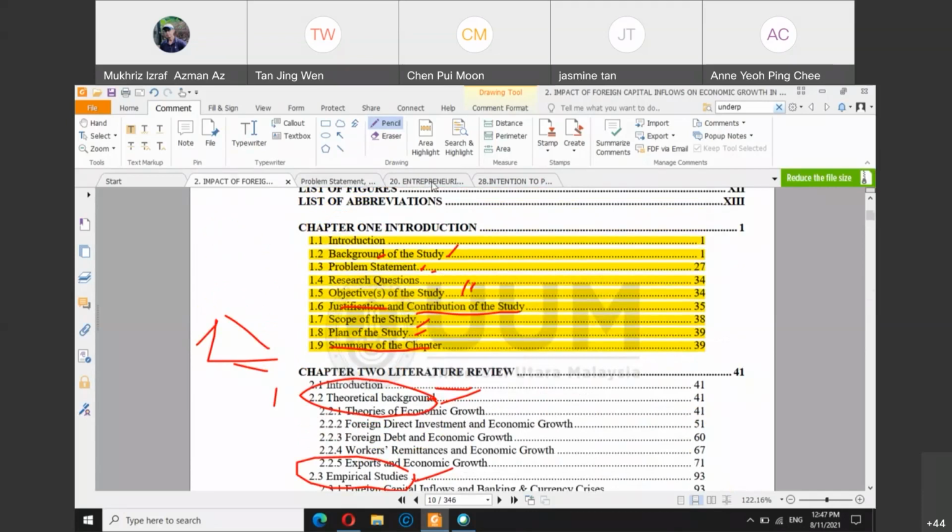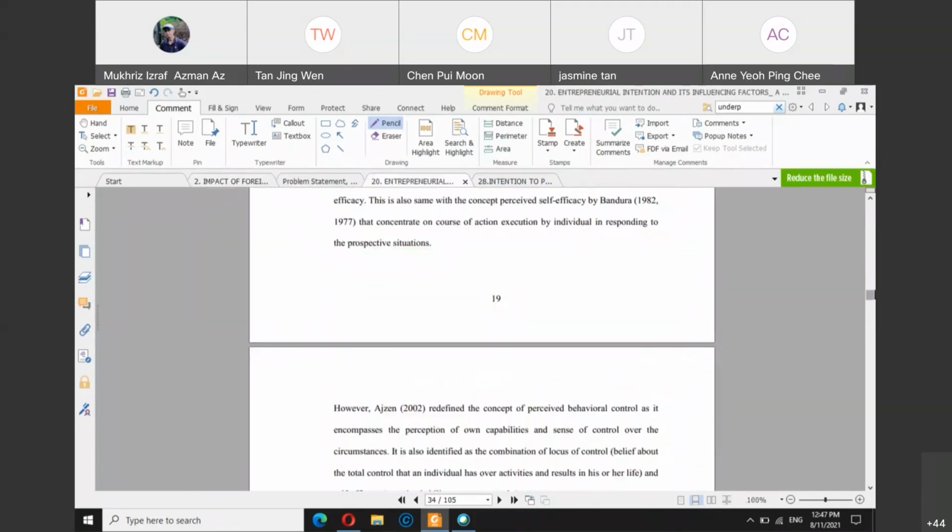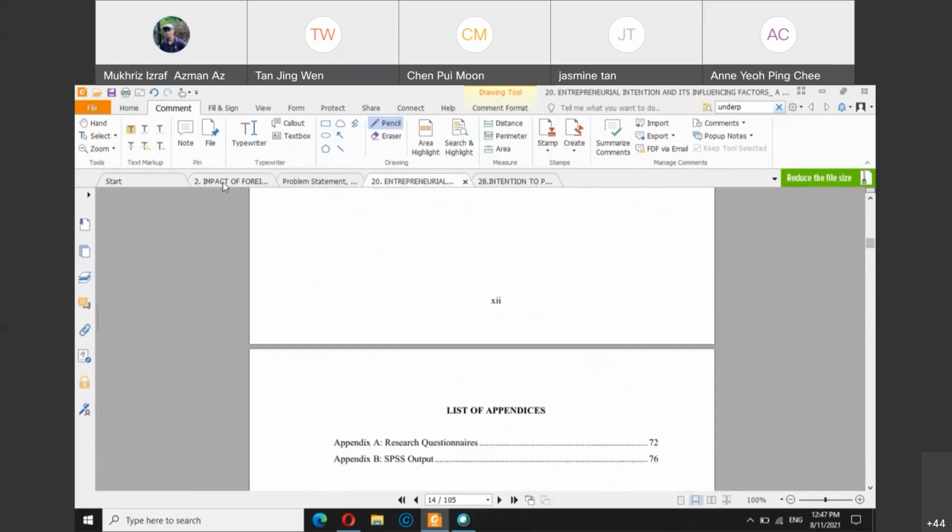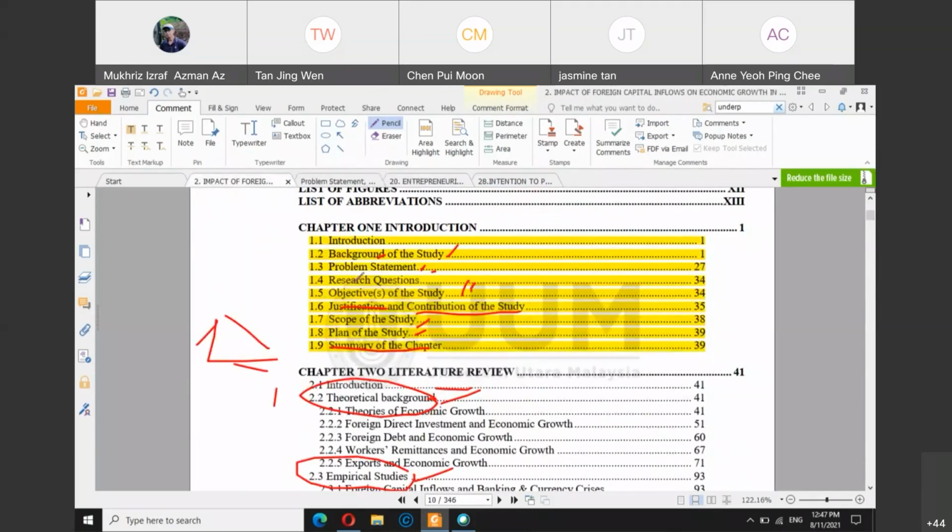To make things simple, in your chapter 1, under the research question, if you are required to have 3 research questions that you want to answer, which will form the objectives of your study, then if you have 3 questions, there will be 3 objectives.